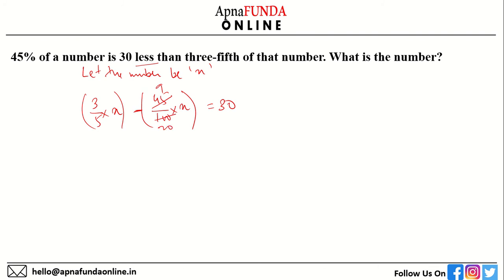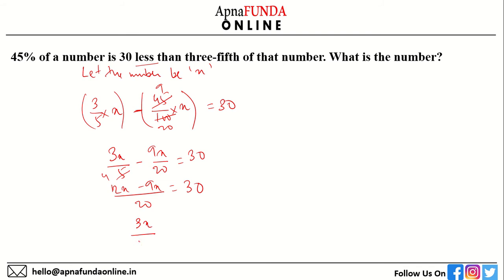So this becomes 3x by 5 minus 9x by 20 equals 30. This is how we're going to solve. 12x minus 9x divided by 20 is equal to 30.